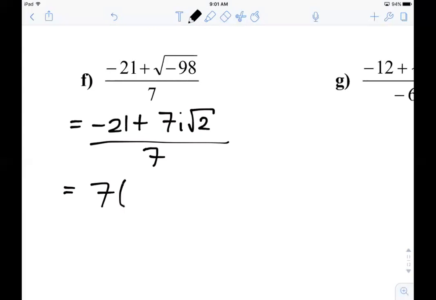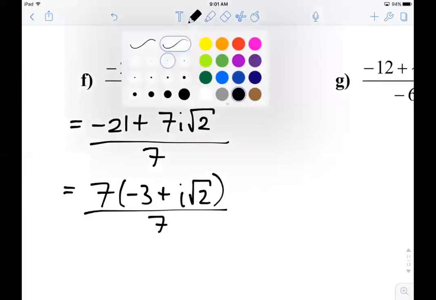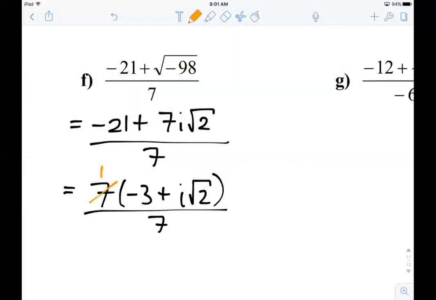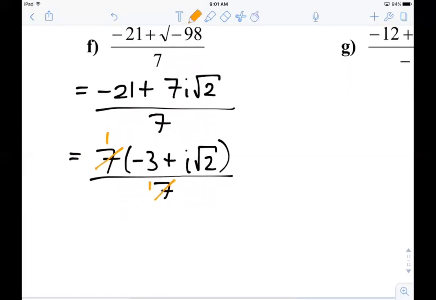That leaves me with negative 3 plus i root 2, all over 7 on the bottom. And because I have 7s on top and bottom, I can divide both the top and bottom by 7 to leave factors of 1. And in the fully simplified form, it's just negative 3 plus i root 2.